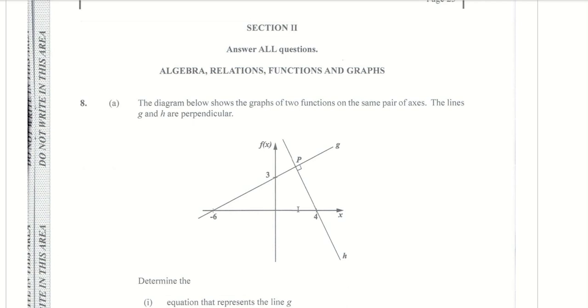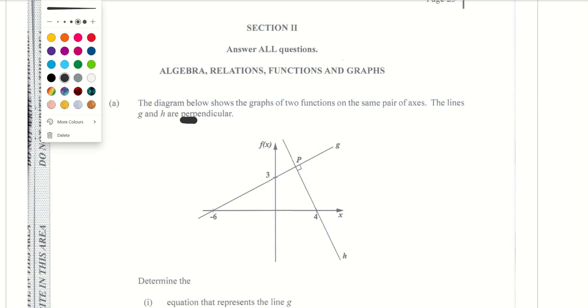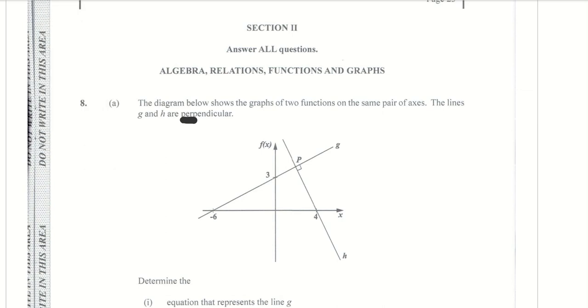As soon as you hear that two lines are perpendicular, you are supposed to think that when you multiply their gradients, it is supposed to be equal to -1. That is the first thing you're supposed to be thinking.